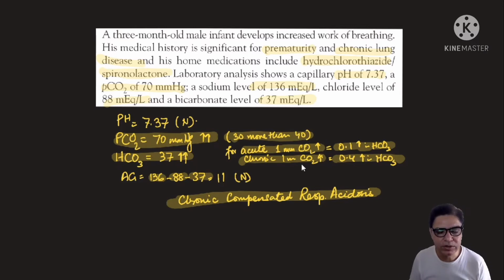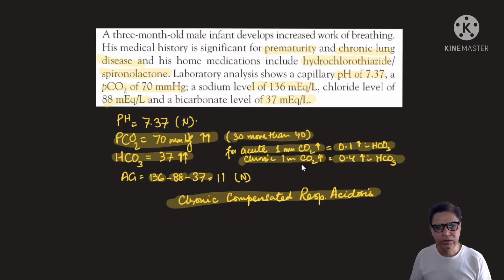Now, whether this compensation is appropriate or not, again, we have to go back to that conversion table. For acute processes, a 1 millimeter rise in CO2 would lead to an increase of 0.1 milliequivalent in bicarbonate level. For chronic issues, a 1 millimeter rise in carbon dioxide would lead to a 0.4 increase in bicarbonate level.